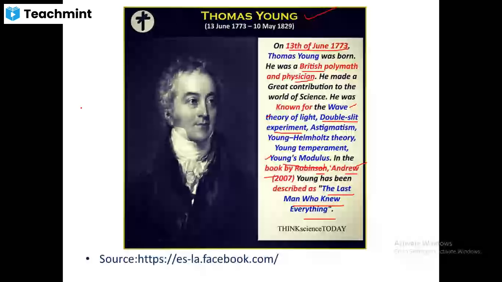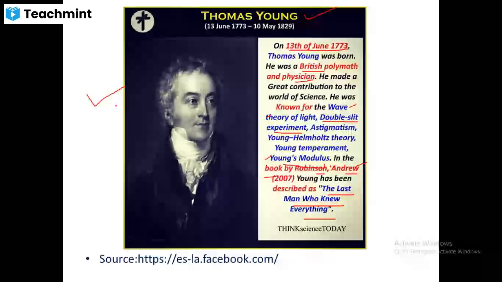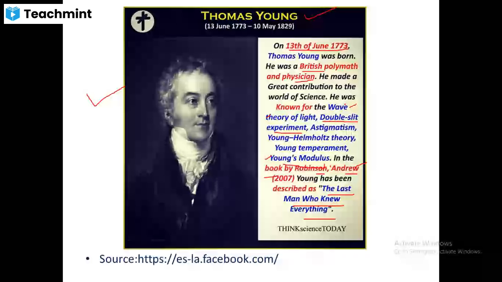You should know who the scientist is who worked on this, because of him we are able to observe this phenomenon in our day-to-day life and see what it is all about. He is the man known for the double slit experiment and the wave theory of light, right?